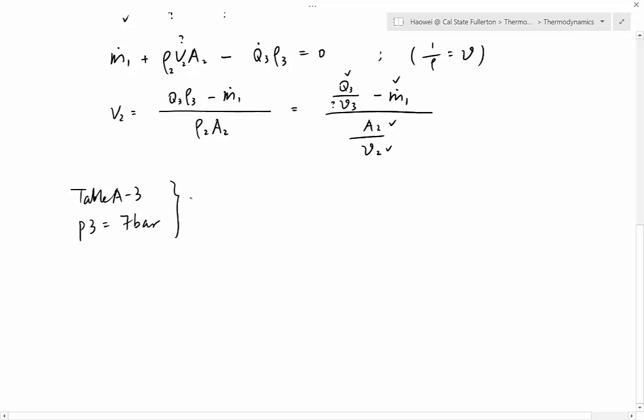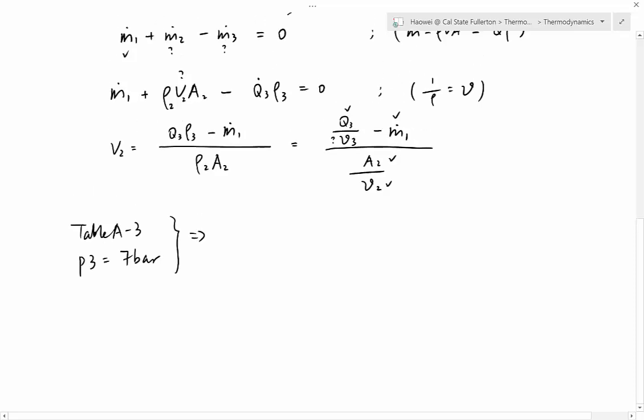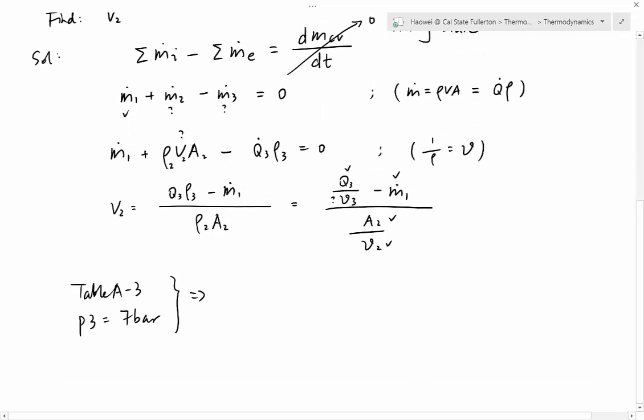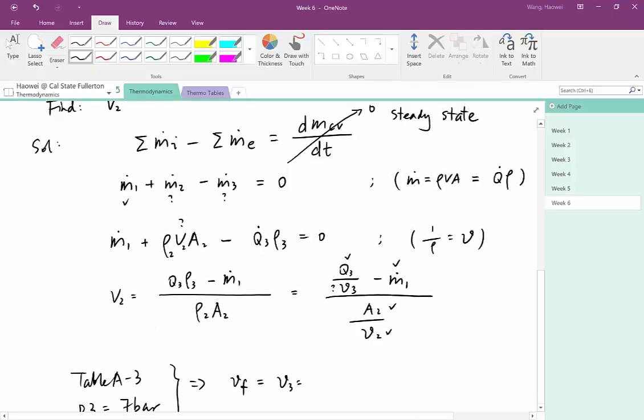When you go to the table, what do you look for? Do you remember? Nu 3 is equal to nu F, because point 3 is saturated liquid. Sorry, nu 3 is just nu F. All right, so now let's go to the table.